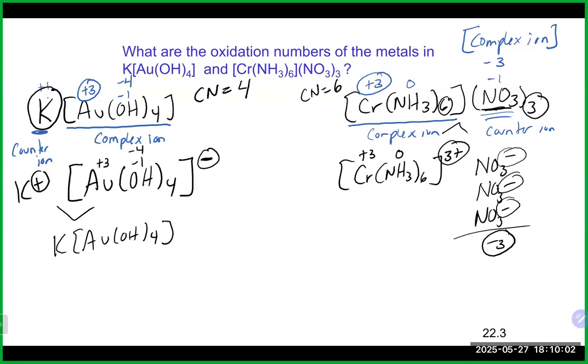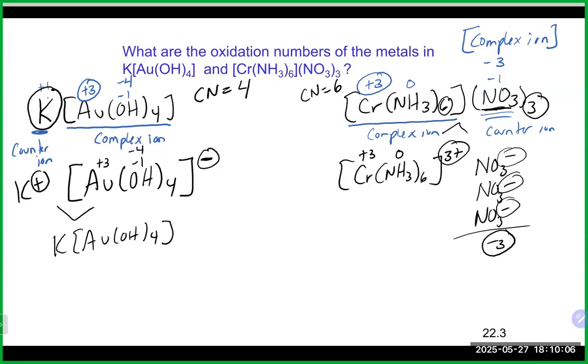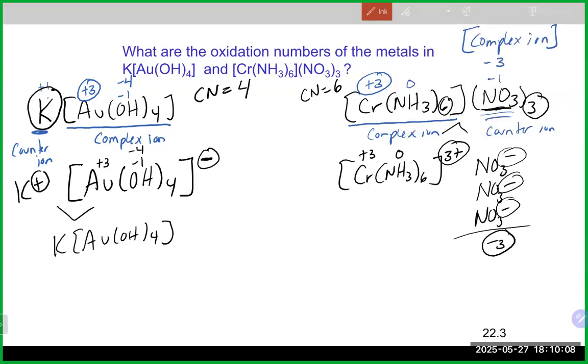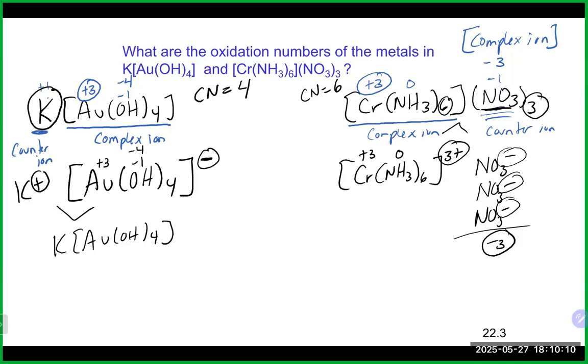First off, we did a lot of the work on these two examples to figure out what we need to do. We already know a couple of things. We know the potassium here is our counter ion. We know this is our complex ion, and we also know that our complex ion in this particular case is negatively charged.